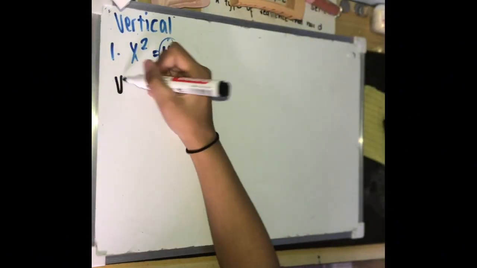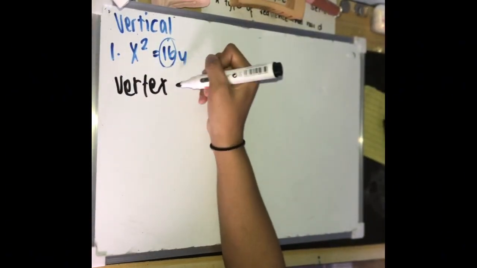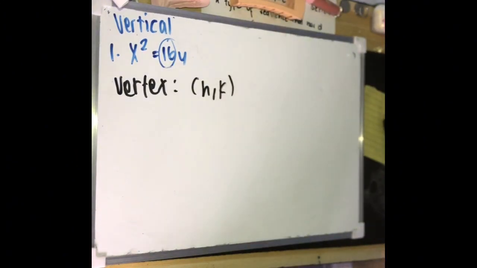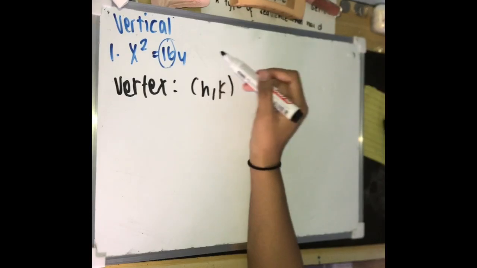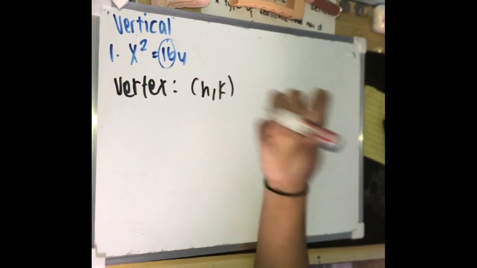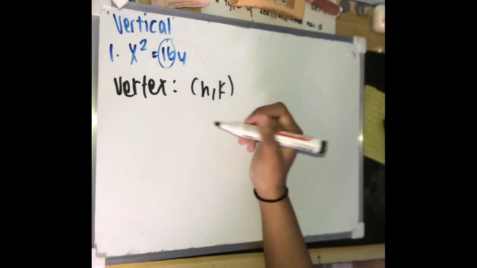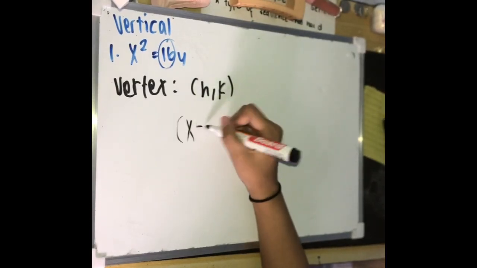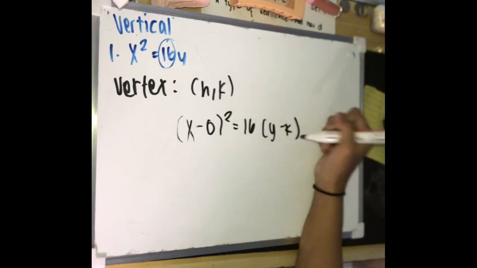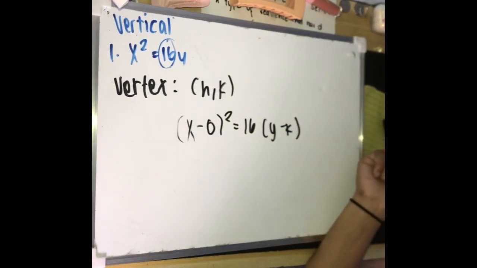So, to solve for the vertex po, we're going to identify kung ano yung value ng h and k. So, since here, wala pong value yung y and k na, yung y and x natin. So, basically, pag ni-write down po natin yan, magiging ganito siya. So, ayan.